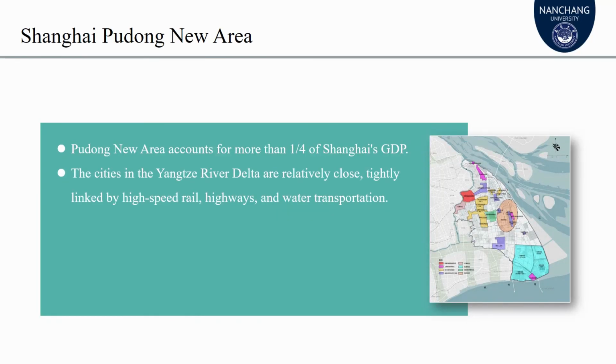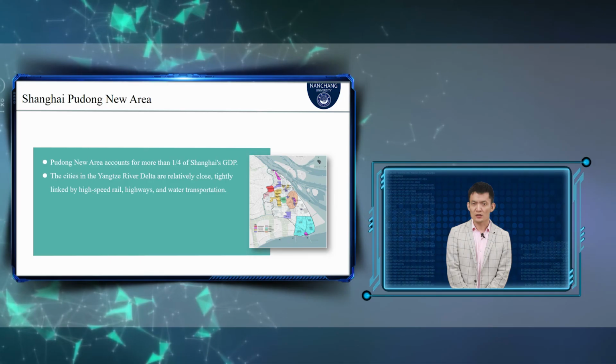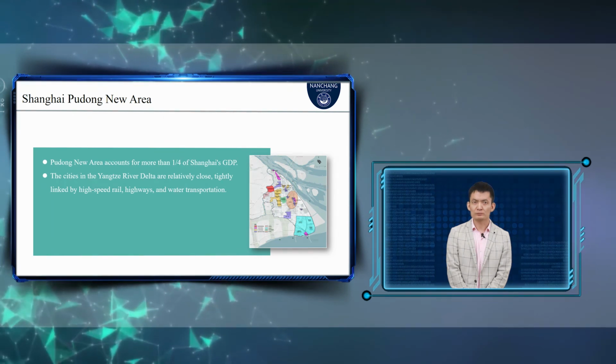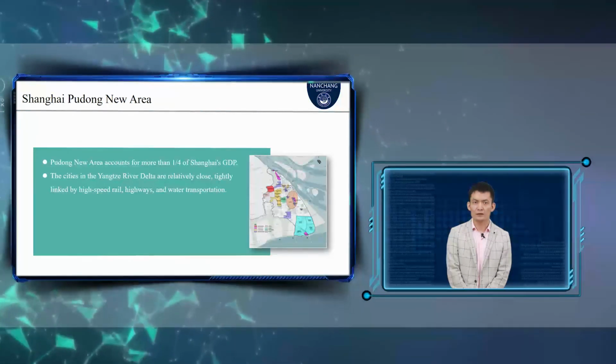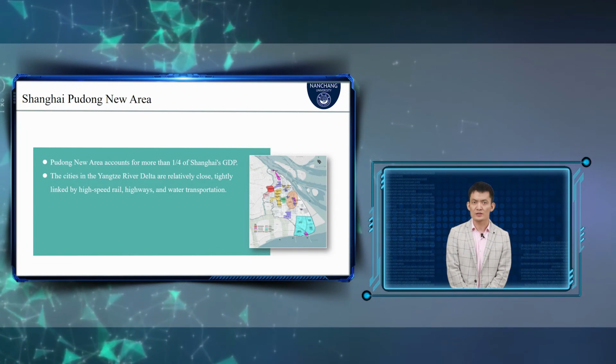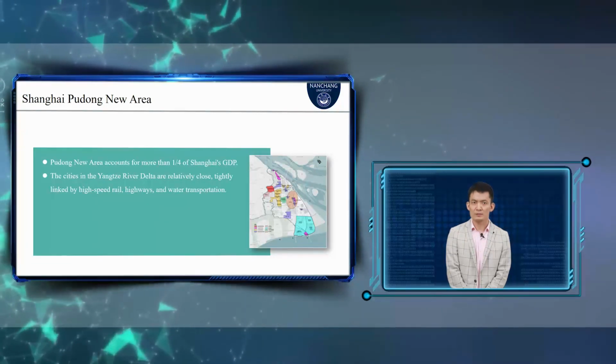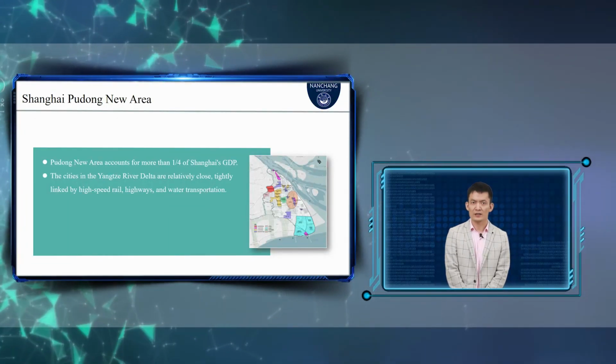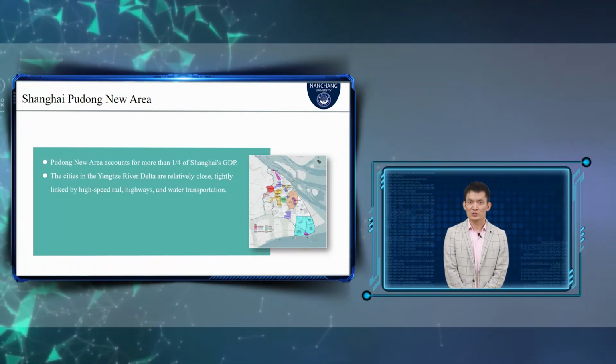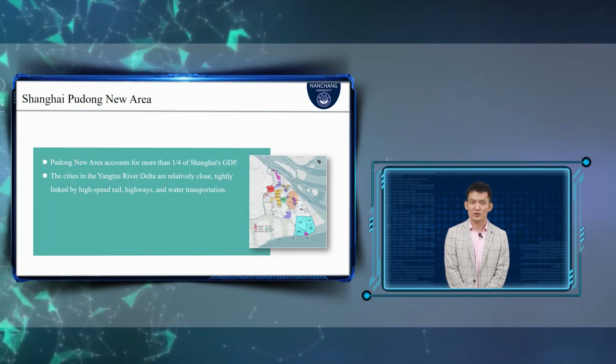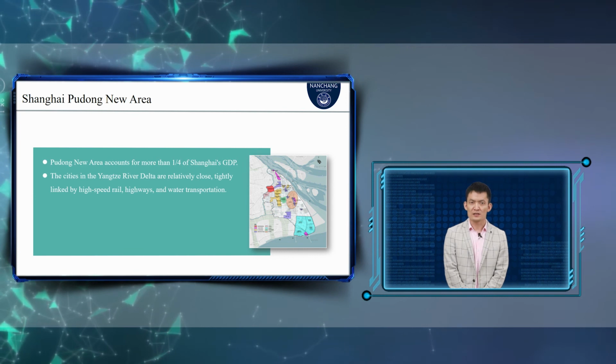The cities in the Yangtze River Delta are relatively close, tightly linked by high-speed rail, highways, and water transportation. With the opening of Shanghai-Nanjing High-Speed Railway, Shanghai-Hangzhou High-Speed Railway, and Beijing-Shanghai High-Speed Railway, the fastest travel times from Shanghai to Nanjing, Hangzhou, and Suzhou are 1 hour 7 minutes, 1 hour 2 minutes, and 24 minutes respectively.